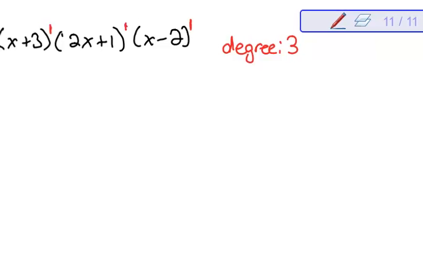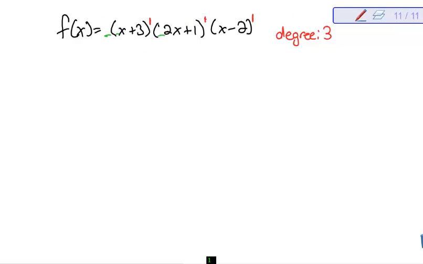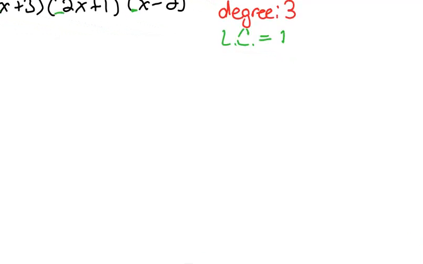My leading coefficients are all positive, so I know that it's positive, which means the end behaviors, if you recall, are going to start from the bottom and go to the top.